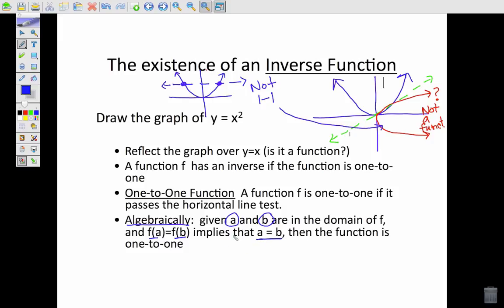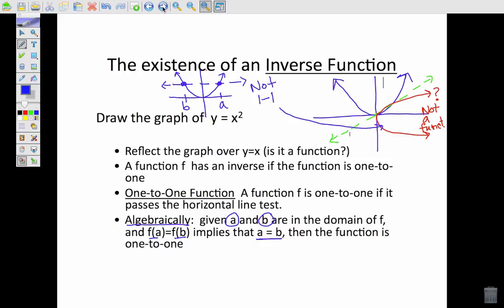They have to be the same value, because we cannot have two different x values, a and b, and get the same y value, because then it fails the horizontal test. If it fails the horizontal test, then the inverse of it is not a function.